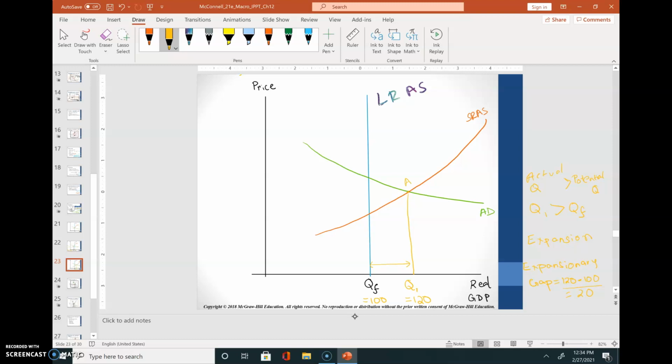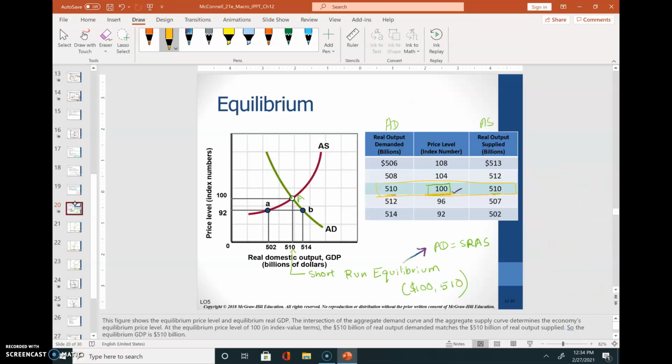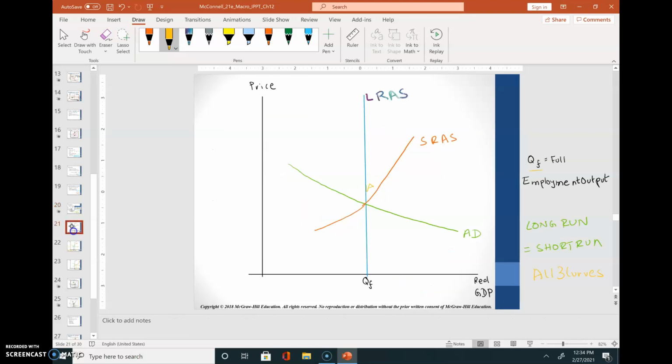Okay, so we just learned about short run equilibrium where aggregate demand is intersecting the aggregate supply curve. The long run equilibrium is associated with the long run aggregate supply curve. We looked at three situations. First one, the long run output is equal to the short run output.